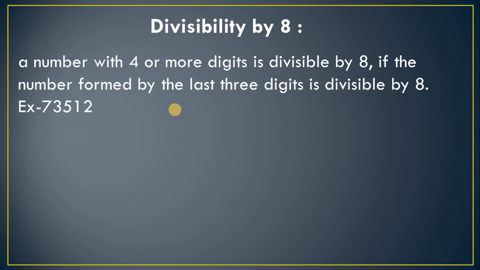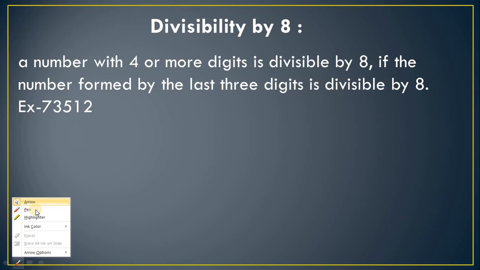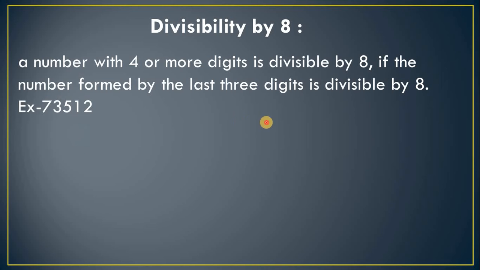Then the divisibility test of 8. If the number formed by the last 3 digits is divisible by 8, then the entire number is divisible by 8. You have to check just the last 3 digits. How will we check? 512 is the last 3 digits, you have to check whether it is divisible by 8 or not. 8 into 6 is 48.